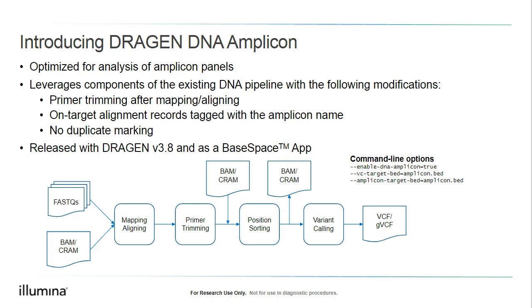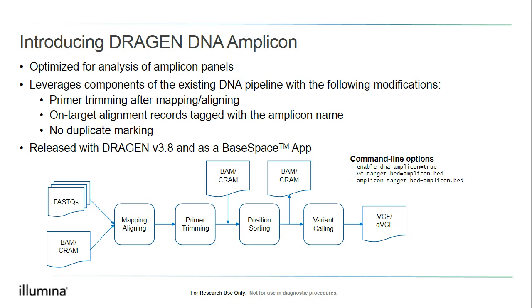This leverages the existing DNA pipeline, but it does need a few modifications. Essentially, what we are introducing between the mapping and the variant calling is a feature called primer trimming. These are the primers that are basically the amplicons, and you can provide that information via a bed file.